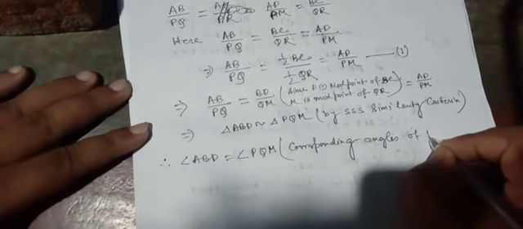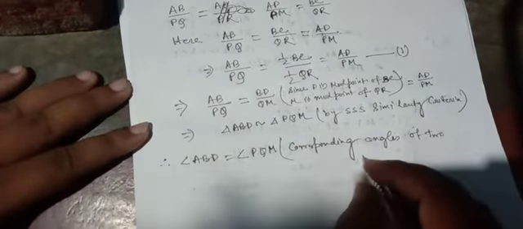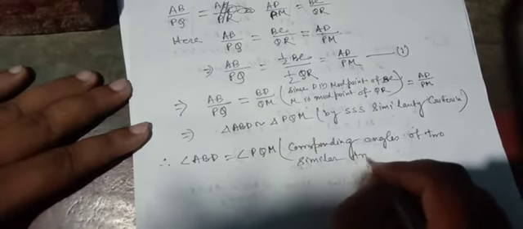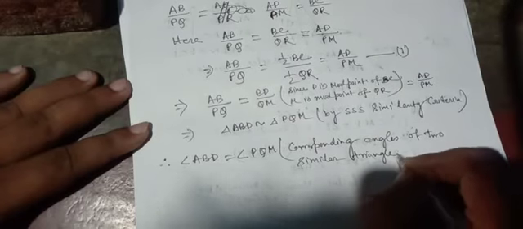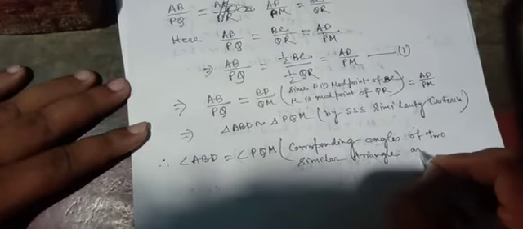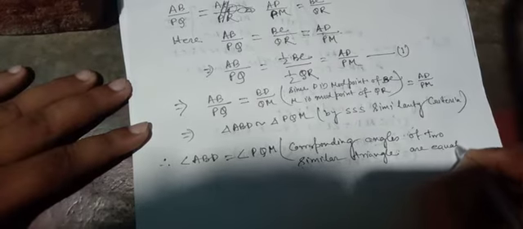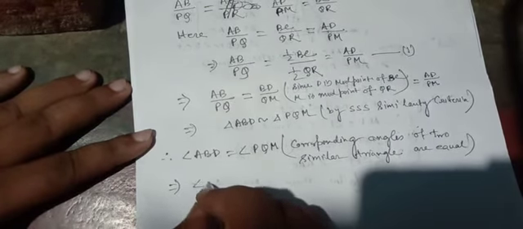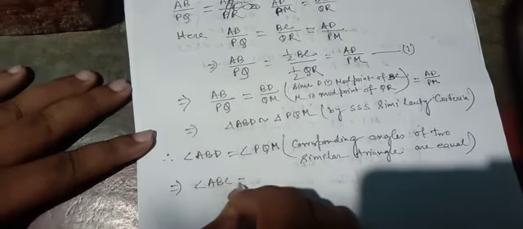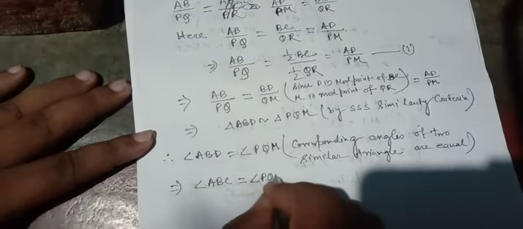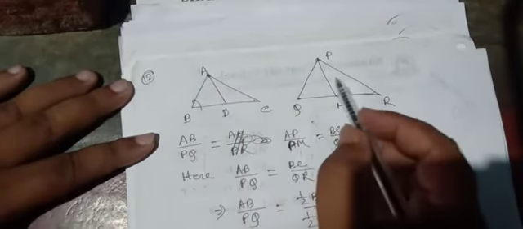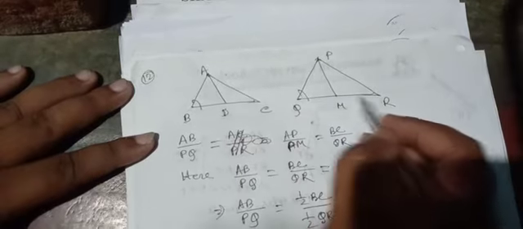Corresponding angles of two similar triangles are equal. This implies angle ABC is equal to angle PQR. Means if angle ABD is equal to PQM, then angle ABC is equal to PQR.